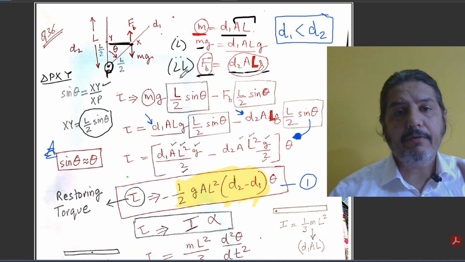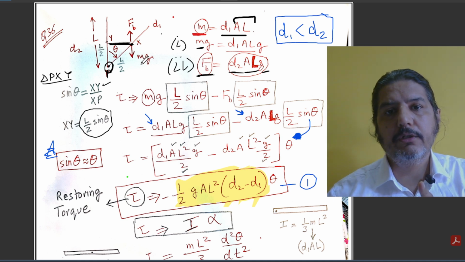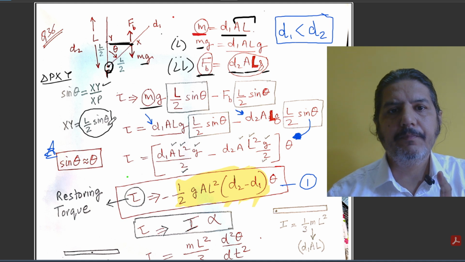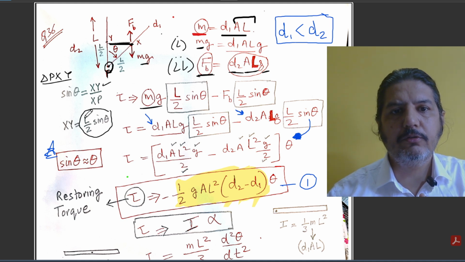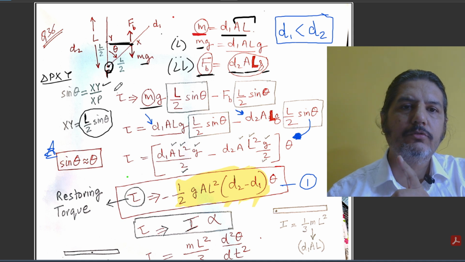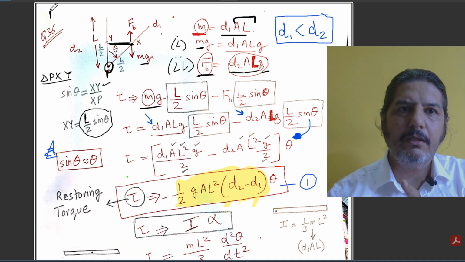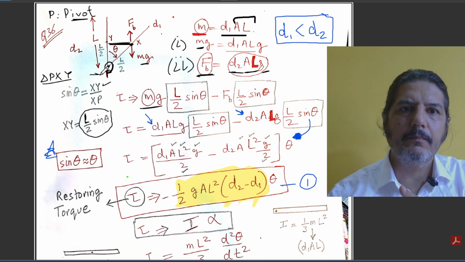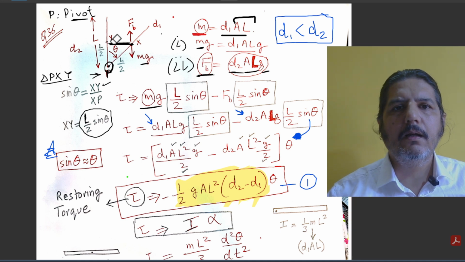The torque due to the weight would be mg multiplied by L by 2 sine theta, because L by 2 sine theta is this distance XY. P is the pivot. Remember, P is the pivot. I hope you can see this clearly now.